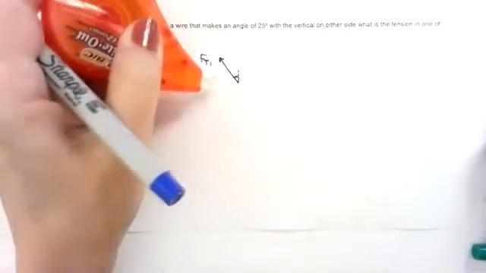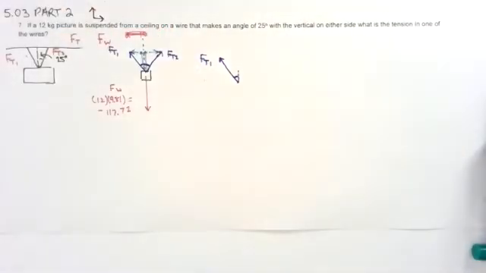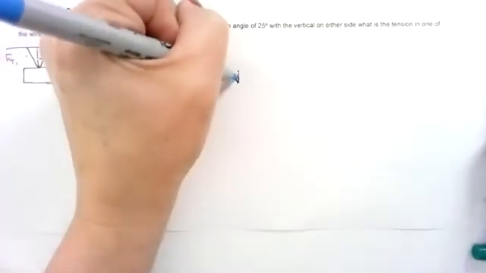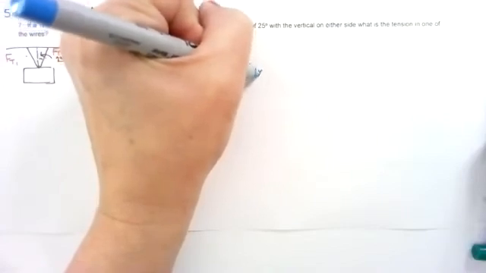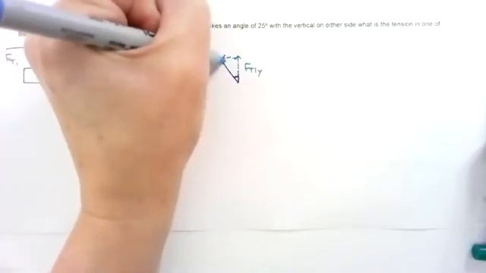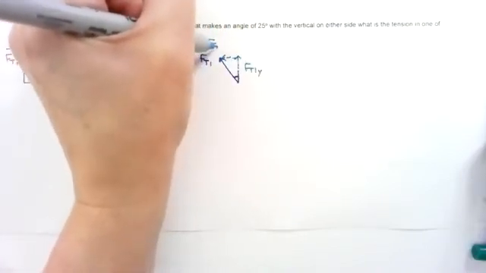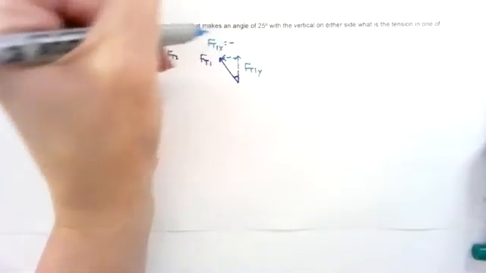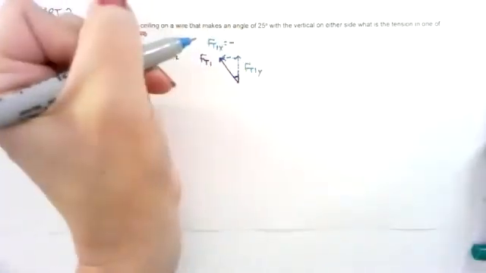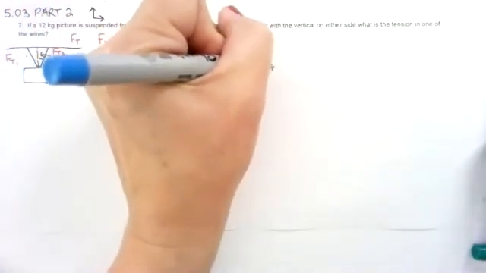Okay. So when I draw in my components, I have FT1Y and I have FT1X. This guy's got to be negative because it's in the negative direction, and this one's going to be positive.